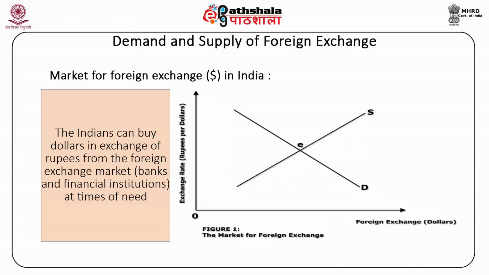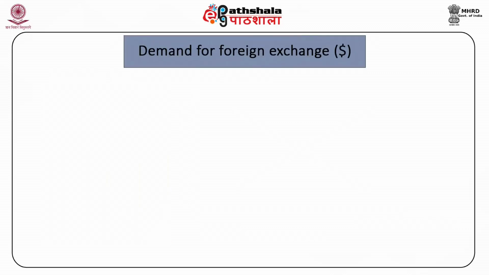The figure displays a market for foreign exchange. Similar to any demand supply analysis, the quantity of foreign exchange is shown on the horizontal axis. The price of foreign exchange, that is, rupee per dollar, is represented on the vertical axis. The demand for foreign exchange is represented by the demand curve D. The demand for foreign exchange, dollars, arises out of the following transactions.